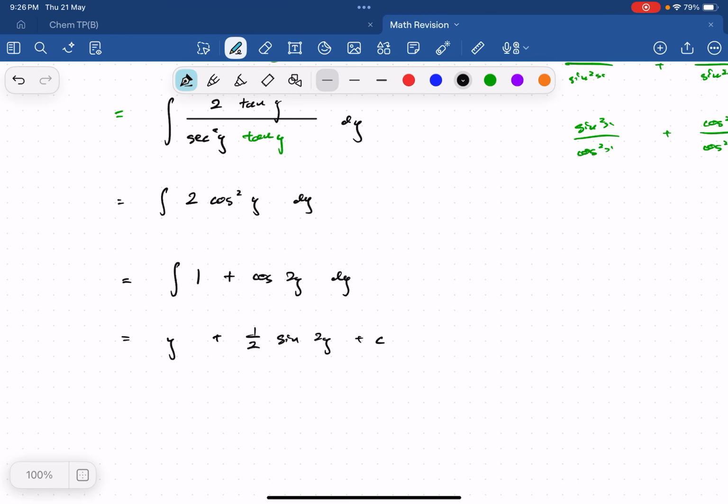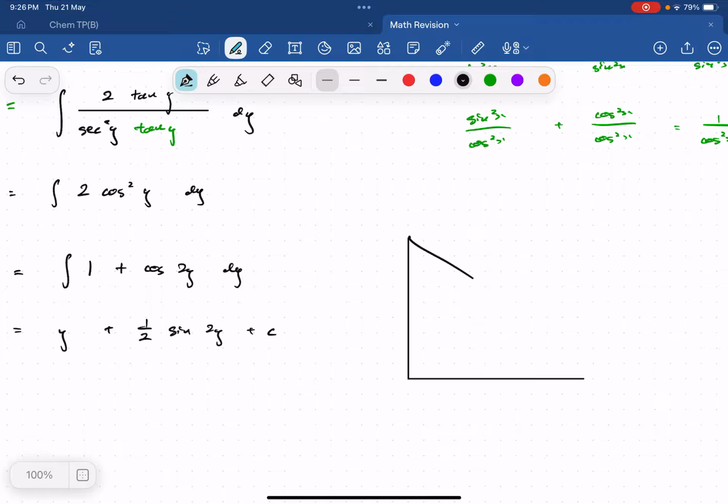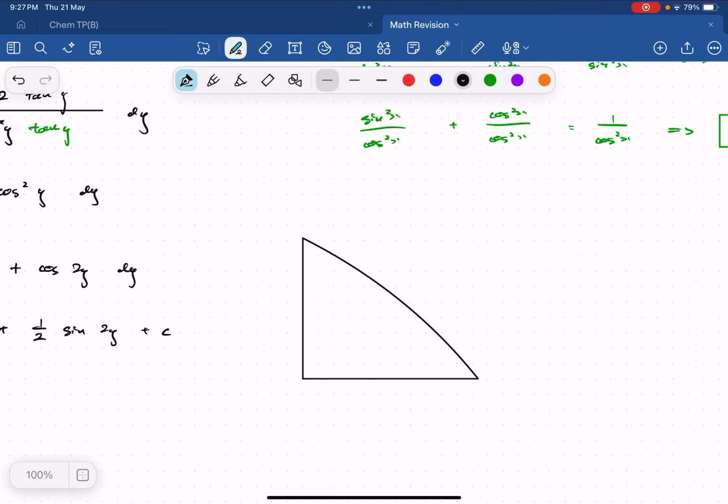And then here is the tricky part, okay? So stay with me. How do I express it back in terms of x? I'm going to draw a right angled triangle. It may or may not just be my tired eyes, but I think Goodnotes rendered that as a curved line. Just know that it's a triangle.